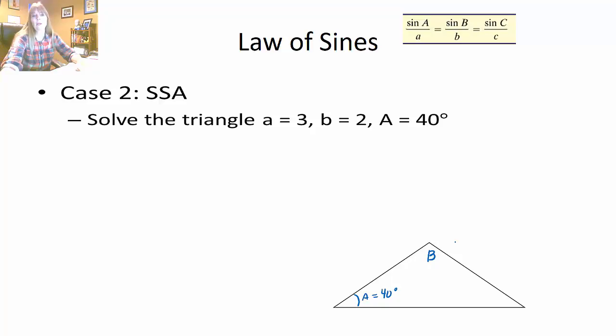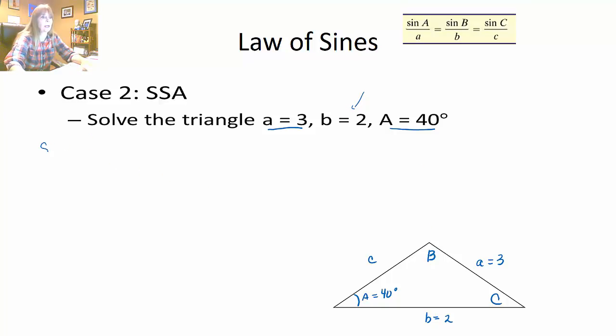I don't have angle B, I have side B. I have little a, side A. I don't have angle C, and I don't have little c. So what do I do? Well, if I have two of one thing, meaning the side A and angle A, then I can plug this one in and find my angle B.